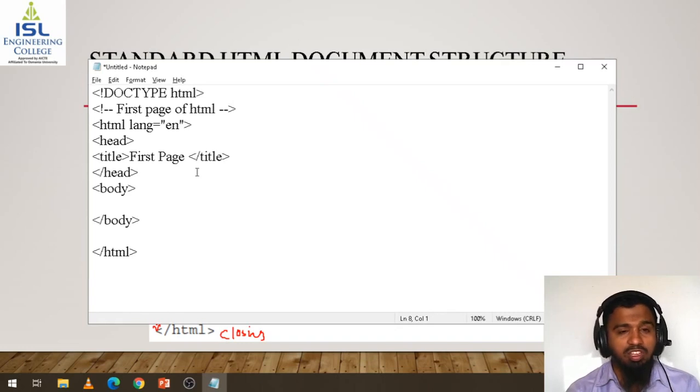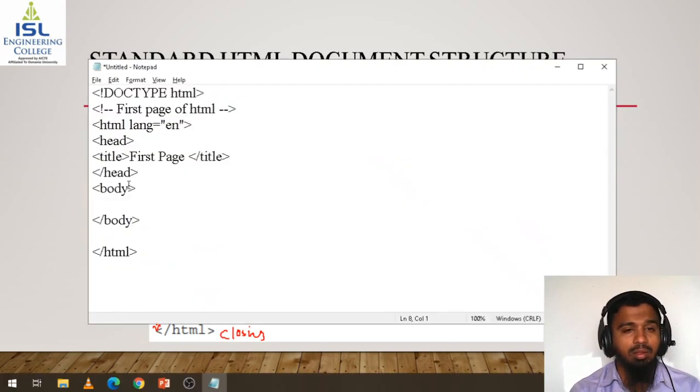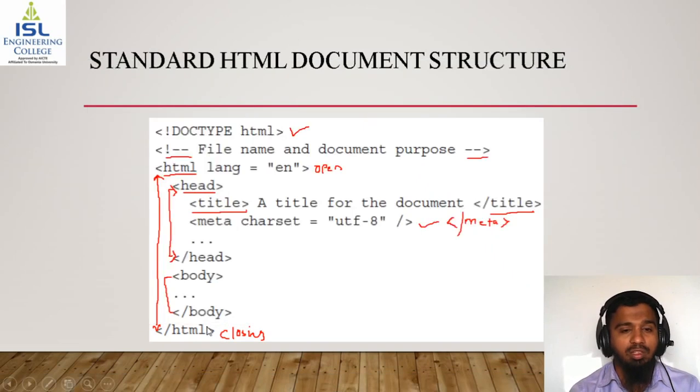Can you see here, if you want to write this meta charset UTF-8, you can write this, and it should be written in the head only. Fine. So here the next is body.